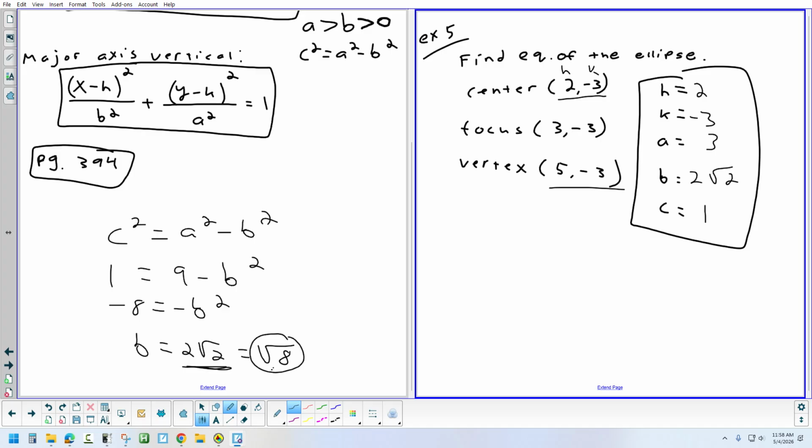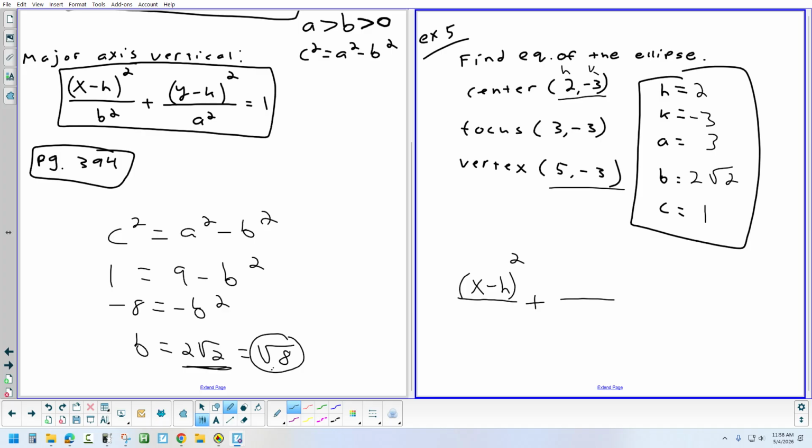Okay, let's figure out our formula. Don't even have to think about the direction yet. What goes in the first numerator, whether it's horizontal or vertical? Just looking for just letters. Yeah. Parentheses X minus H. This is always a plus.